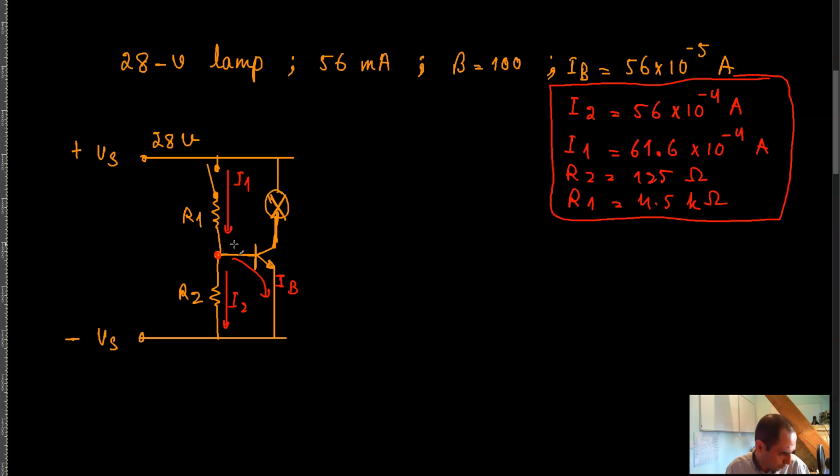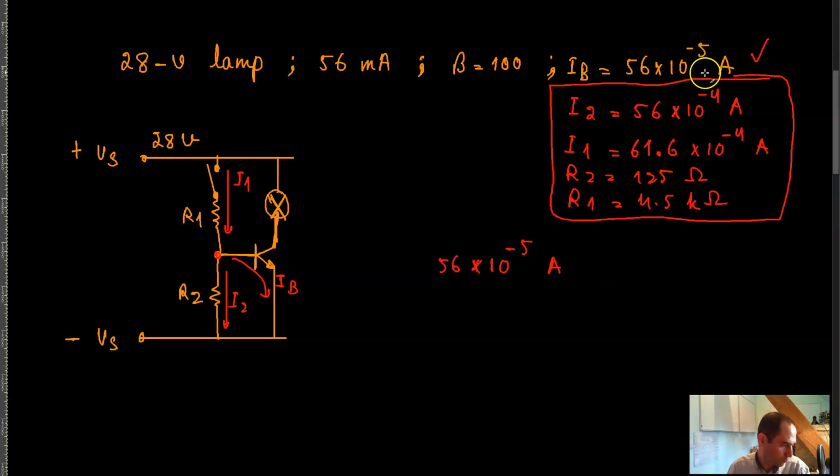Now let's do another example here. This time let me check these values. IB is equal to 56 times 10 raised to the power negative 5 amp, which is the same thing as 0.56 milliamp. That is correct.